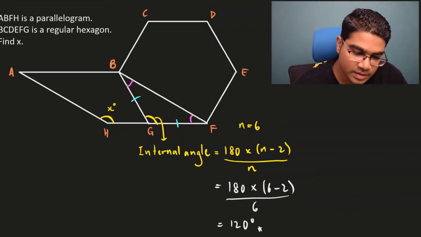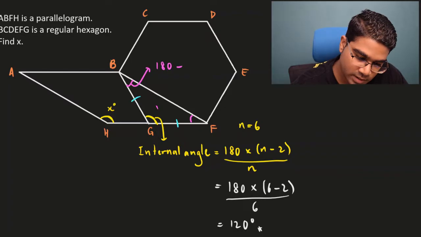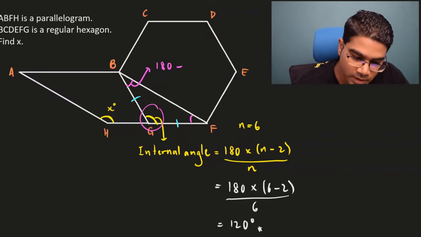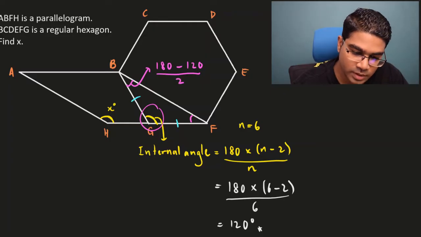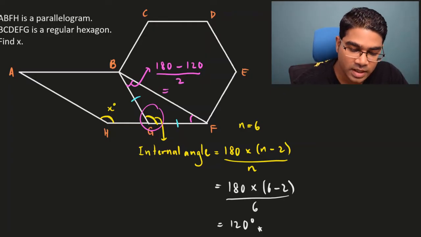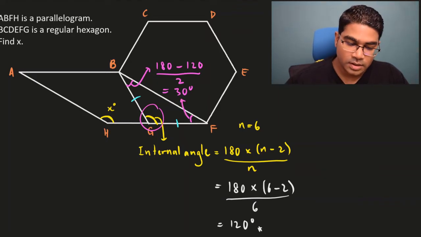So we can find this angle by using 180 minus this angle here, which is 120, we just found it, divided by 2. So this will give us 30 degrees. Don't forget that this is also 30 degrees.